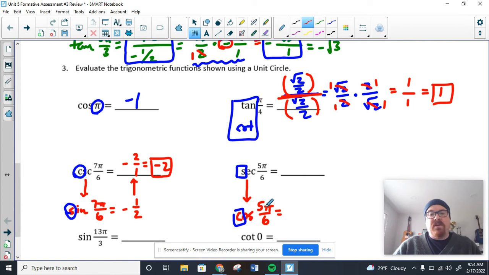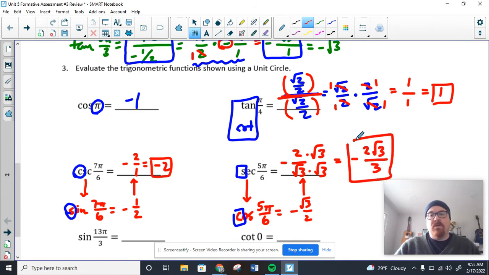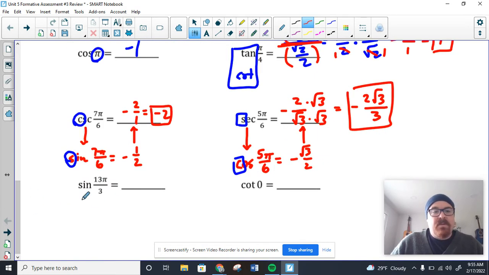So the cosine of 5 pi over 6 is negative radical 3 over 2, which means the secant is -2 over radical 3. And then we rationalize the denominator. So we end up with -2 radical 3 over 3. All right. Now, sine of 13 pi over 3.